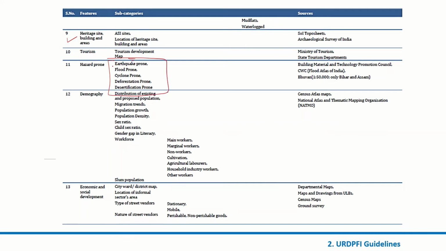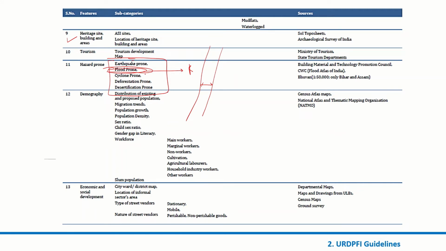Hazard and flood prone, maybe this information is required because you have a river. And even in the recent rain, most of the adjacent villages and settlements were severely affected. So this will also help in identifying the probable inundation areas and so on and so forth.